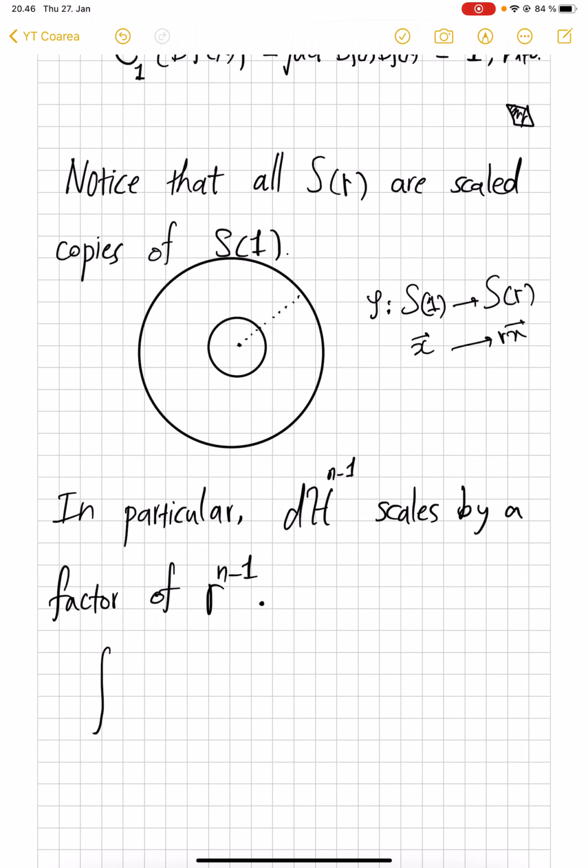Ultimately, that's the precise reason why the integration formula I'm going to write holds: because of the area formula, but this is a very simple version of that.